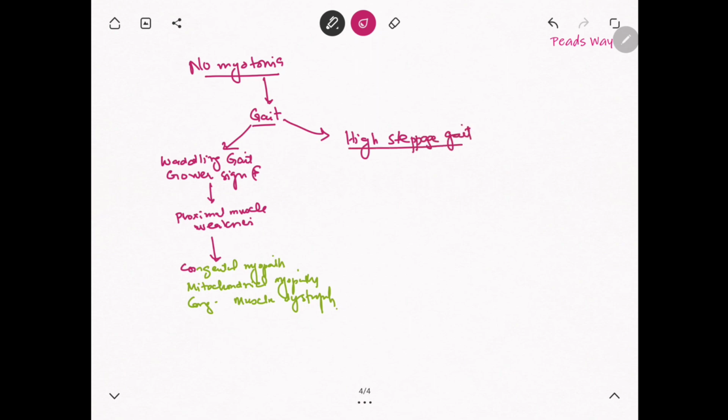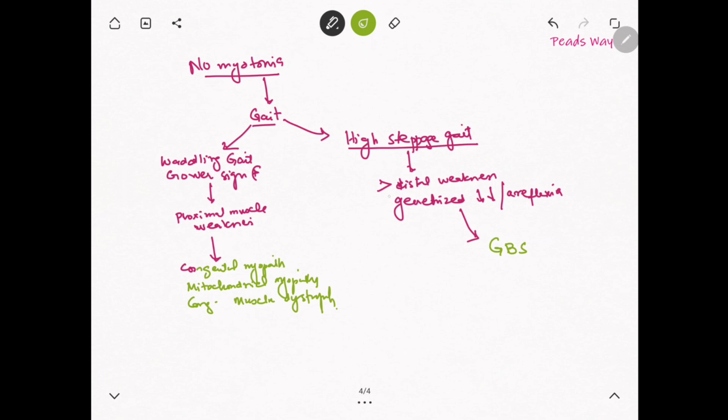And if you find that in gait the child has high steppage gait, this depicts neuropathies. In neuropathy you will find more distal weakness, and if you find generalized decreased reflexes or areflexia, it is GBS.